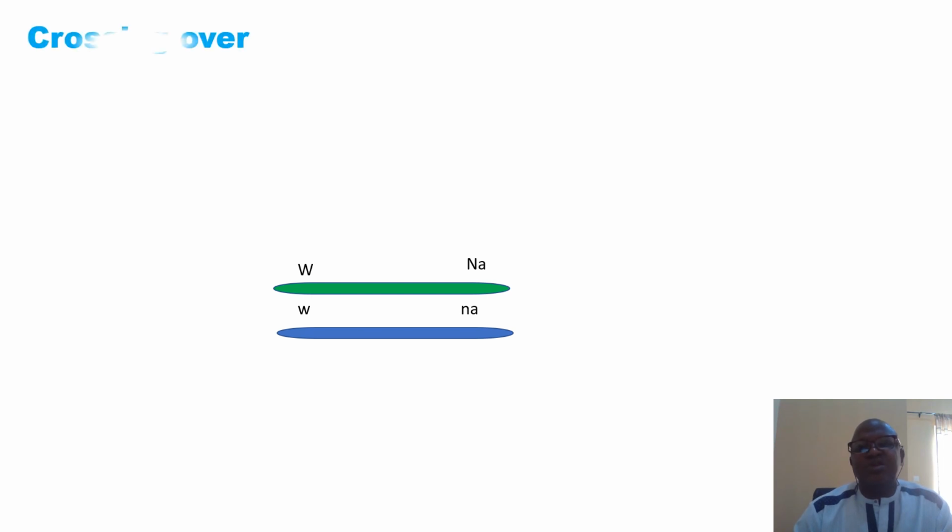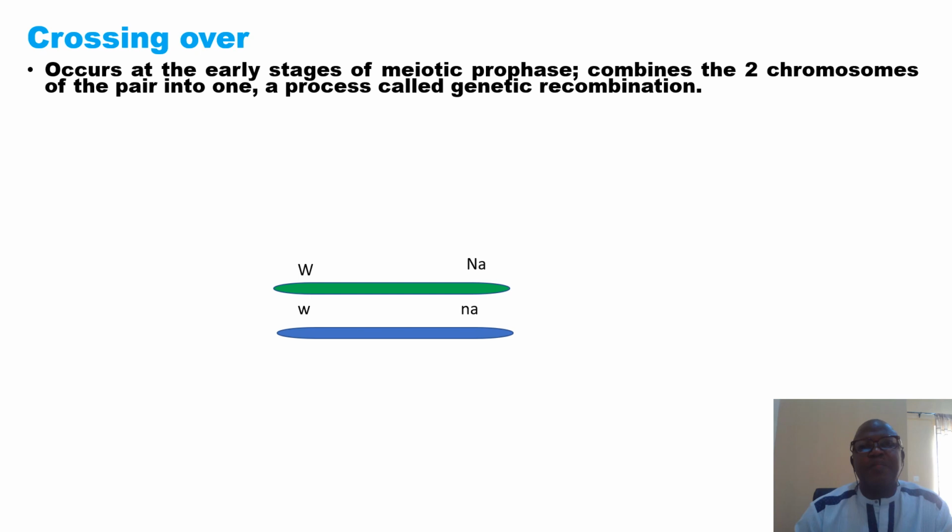So this illustration is to show us crossing over. This crossing over occurs at the early stage of meiotic prophase. Here we are looking at how it combines the two chromosomes of the pair into one. The process is called genetic recombination.